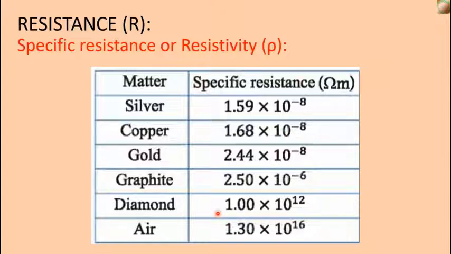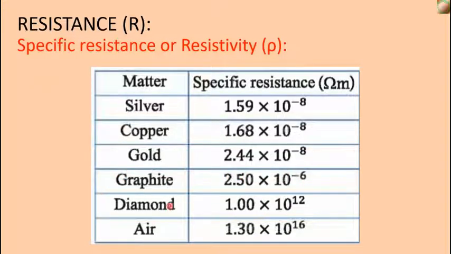And here graphite is also a conductor. Its specific resistance is 2.50 into 10 to the minus 6. Graphite is a non-metal. Though it is a non-metal, it can conduct current because its specific resistance is very low, therefore it is a good conductor.